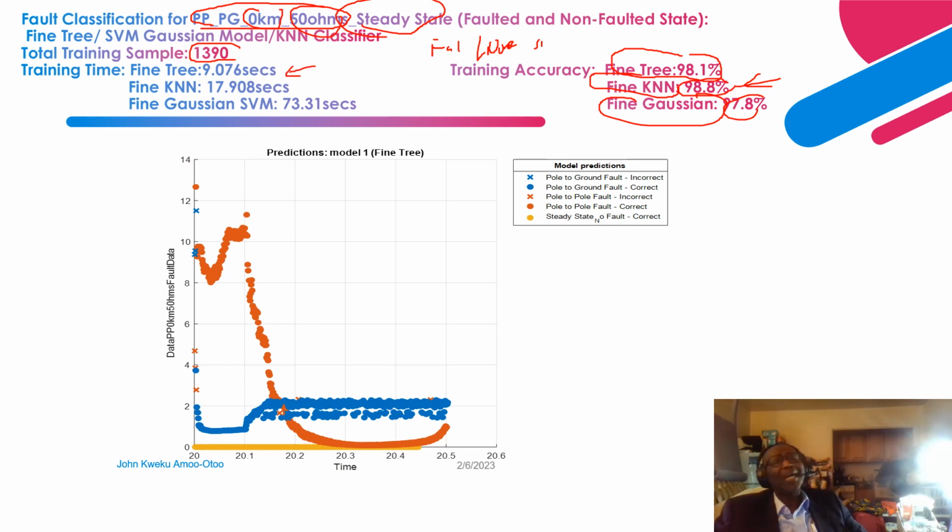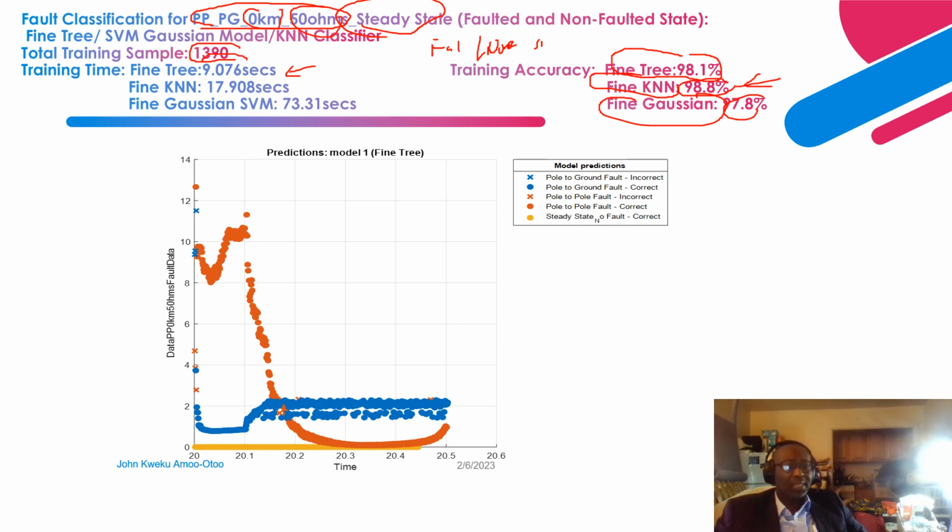Remember, I indicated that those are some of the criteria you use to analyze and select your best classification algorithm, because the higher your training time, that itself translates into a higher computational burden and also cost, and can also compromise reliability, especially when deploying this algorithm in a device.